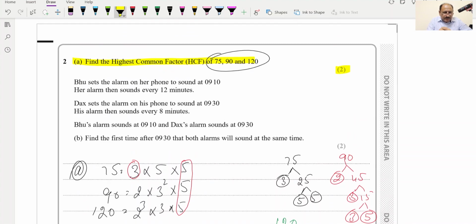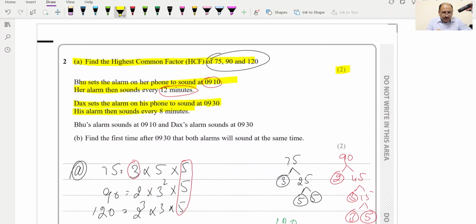Bahu set the alarm on her phone to sound at 9:10. Her alarm then sounds every 12 minutes. So interval is 12 minutes and starting time is 9:10. Dax set the alarm on his phone to sound at 9:30.